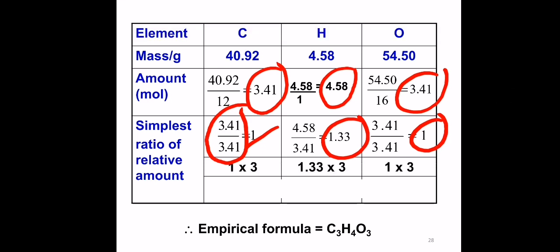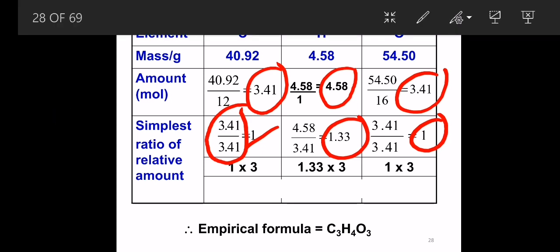Okay, so right now the hydrogen is 1.33, so you cannot round off, you must times by 3.